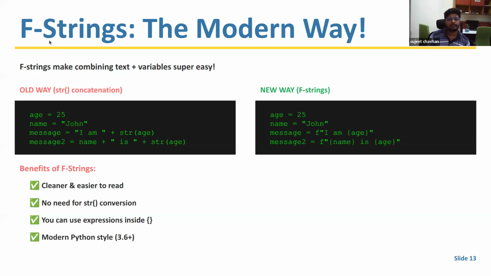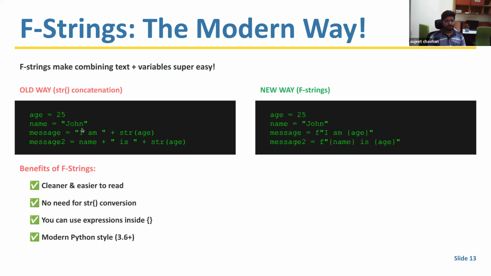So what f string are there? The modern way. We have seen this f in previous slide. There was some question also. So in old way, to print or to save some value in the variable, we are using plus. So age equal to 25, name equal to John, and message equal to I am double quotes plus str of age.